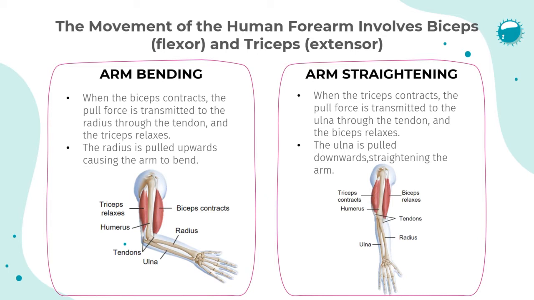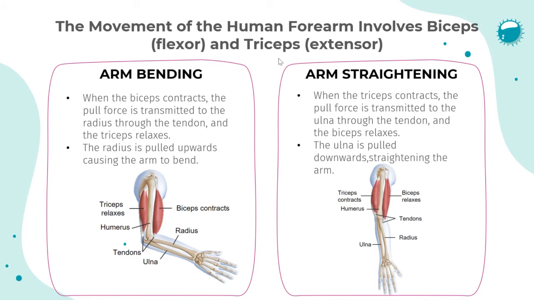Extensor refers to the muscle that causes the straightening or extending of the limb. In the movement of the forearm, the flexor is the bicep, because when the bicep contracts, it will bend the forearm.